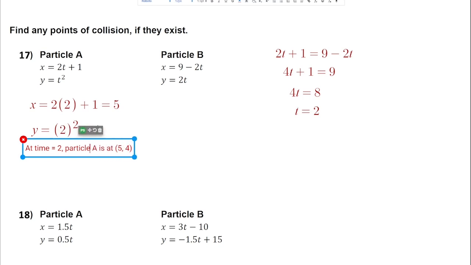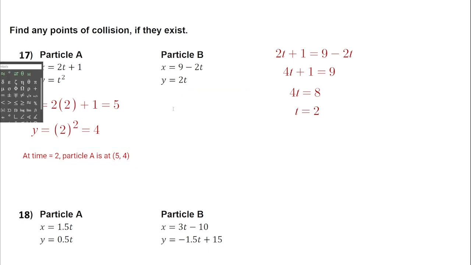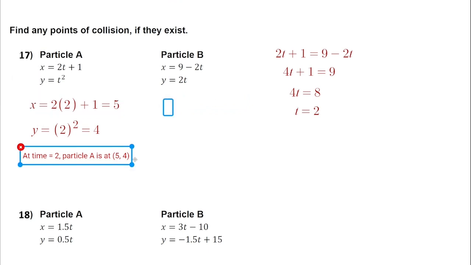And so if there's a collision, we would expect particle B to have the same coordinates. It's possible that there's not. If not, we'll just say there's no collision. So for here, we're going to use the same t value, because we want to see, are they both at 5, 4 when t is 2.